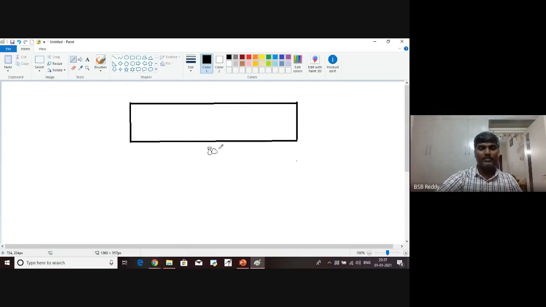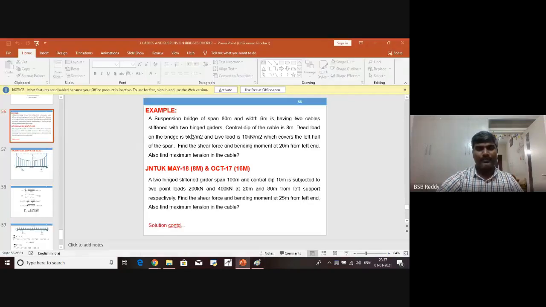This 80 meters, and this is 6 meters, the width of the road, the width of the carriageway. So this is where the vehicular movement is allowed. So this is the given data: span 80 and width 6 meters.